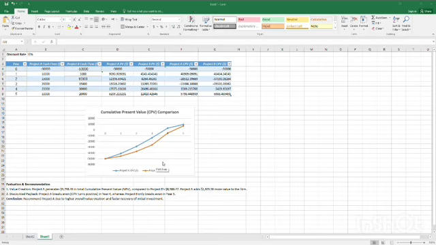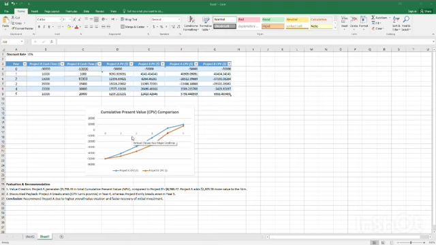Okay, moving on to requirement 3, comparing the graphs of the cumulative present values of both projects. We plotted the CPVs using a 2D line chart with markers, where the x-axis represents year 0 to 5 and the y-axis represents the dollar value.